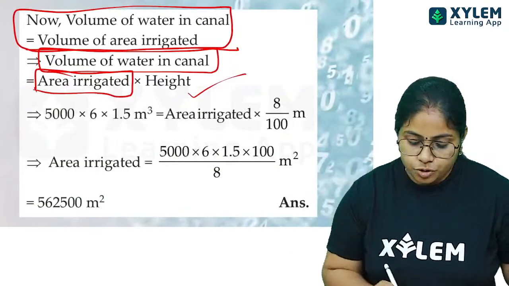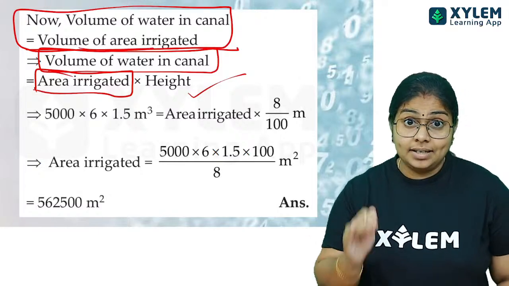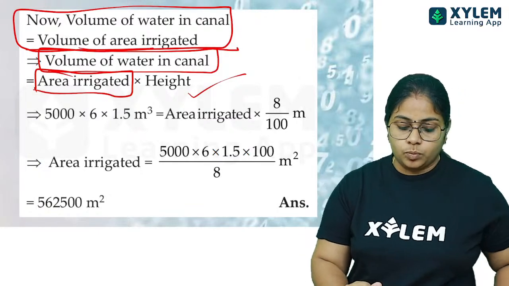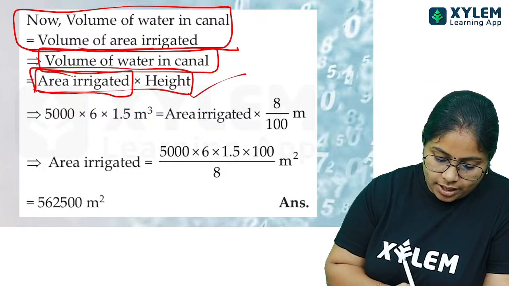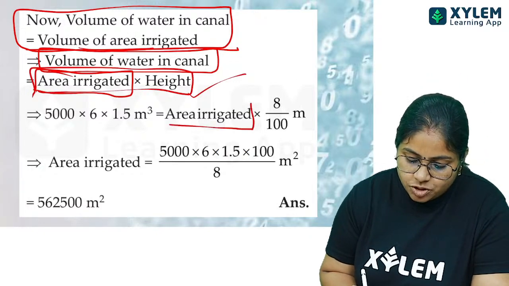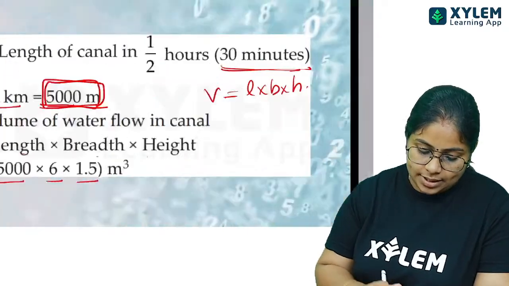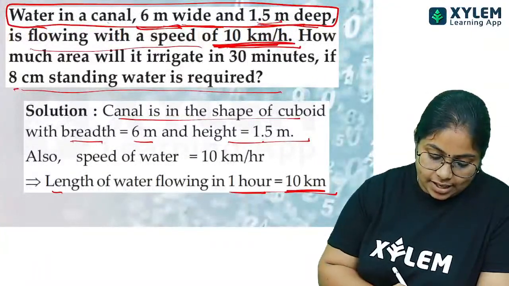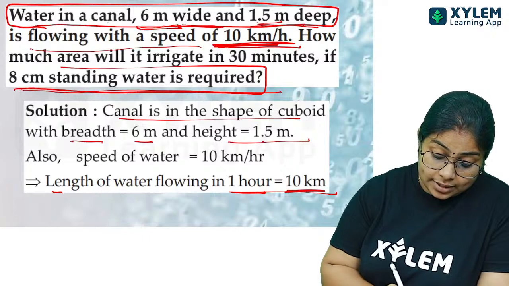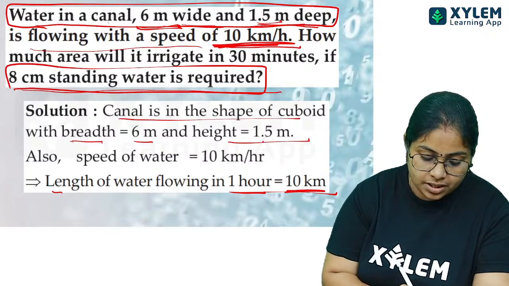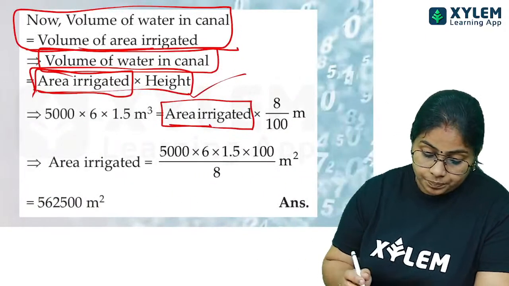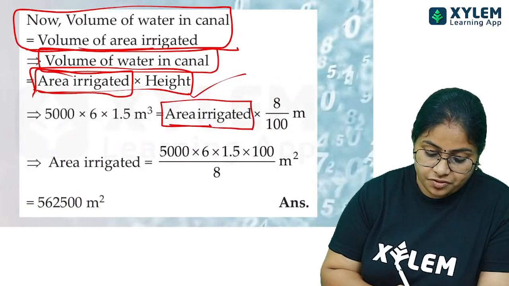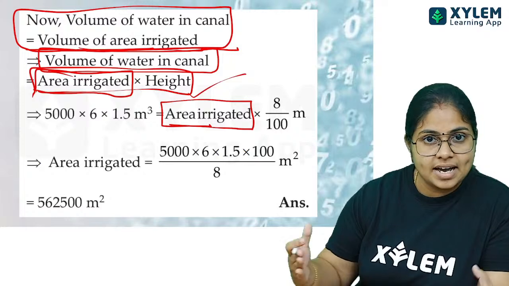I have told you that the volume of water in the canal will be equal to the area irrigated into its height. The area irrigated is what we have to find out here. The height of standing water required is 8 centimeters, as given. The volume of the area irrigated is base area into height.